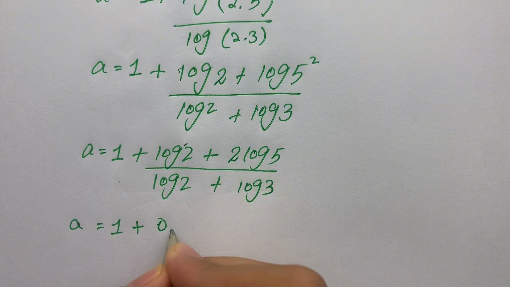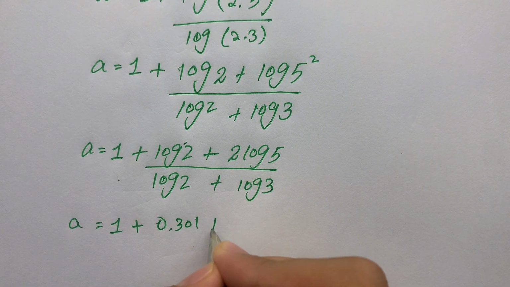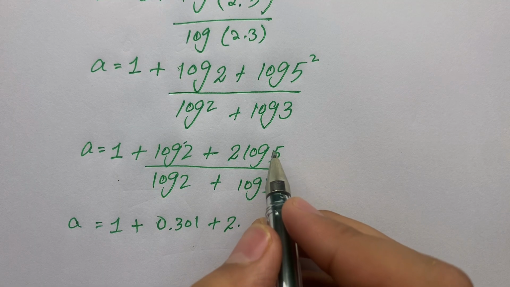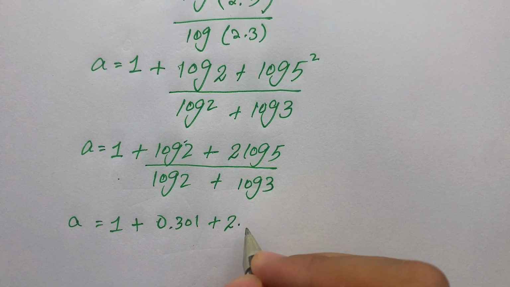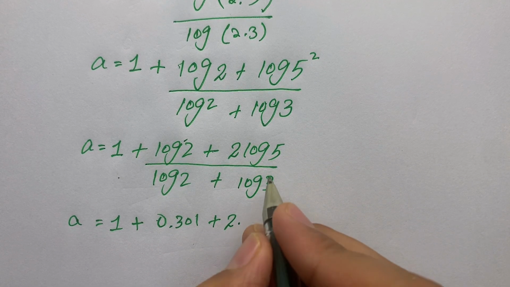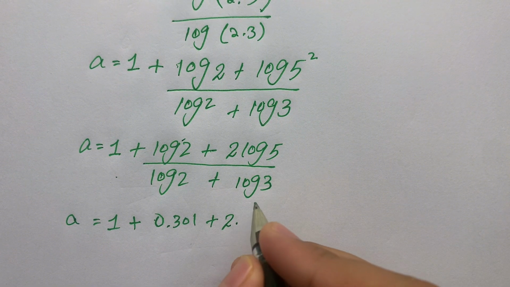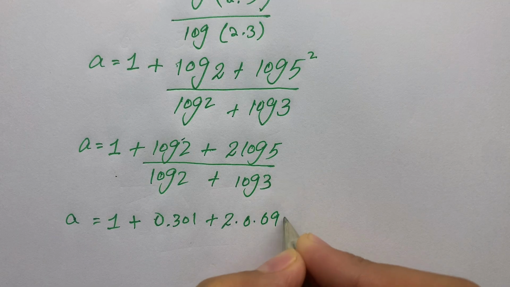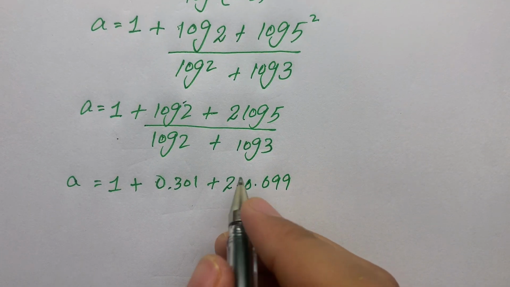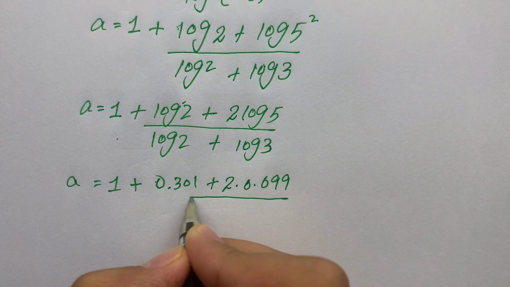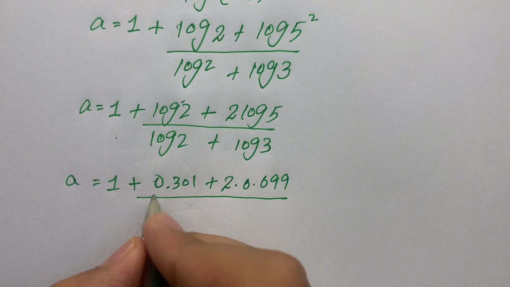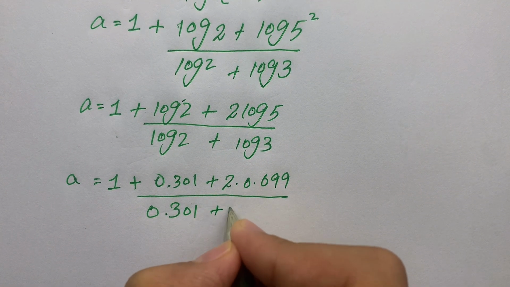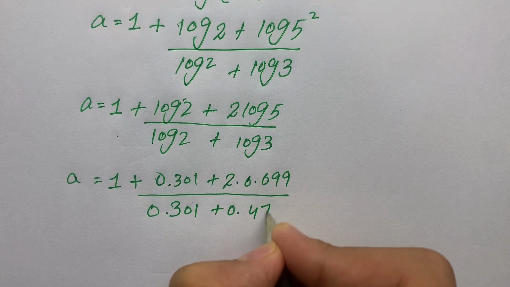We write 0.301 plus 2 times, as we noted, log of 5 is approximately 0.699. 2 times 0.699 is 1.398. The denominator is 0.301 plus 0.477.